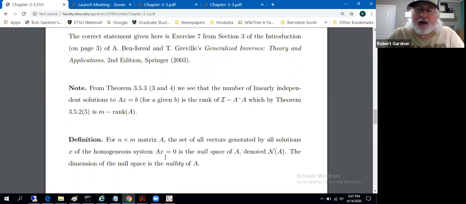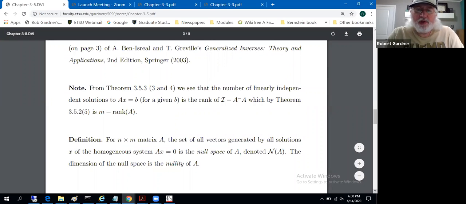It'd be called a kernel, maybe in a more algebraic setting. But it's the space of all vectors that are mapped to 0 by multiplying them on the left by matrix A. The dimension of the null space is the nullity of A. So, stuff from linear algebra.